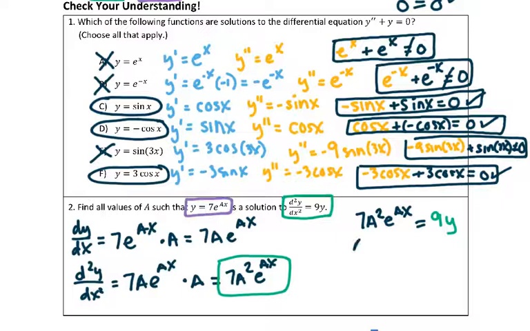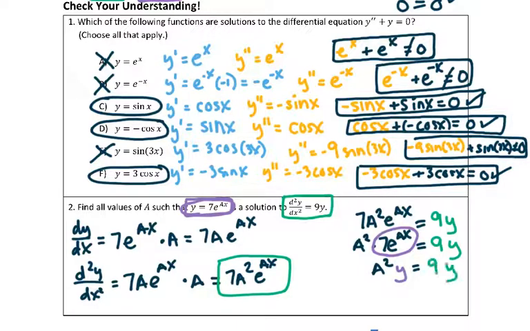So what I'm going to do is move the a squared out front, and then I can separate out the part that I am going to rewrite as the original function. So this part right here is actually the part we started with, right? So instead of keeping it in the complicated form, I'm going to rewrite it as y.